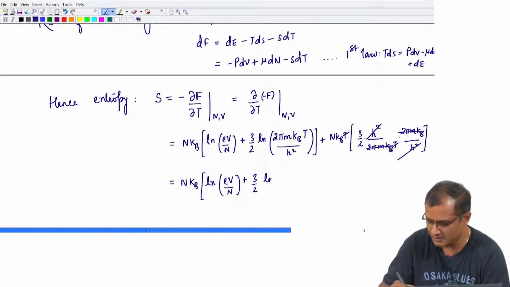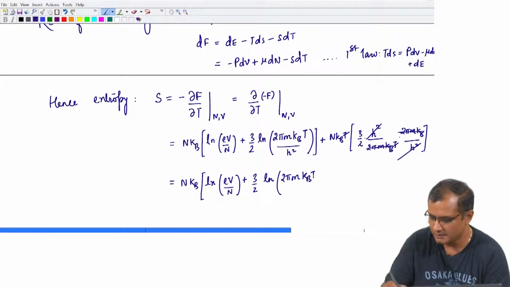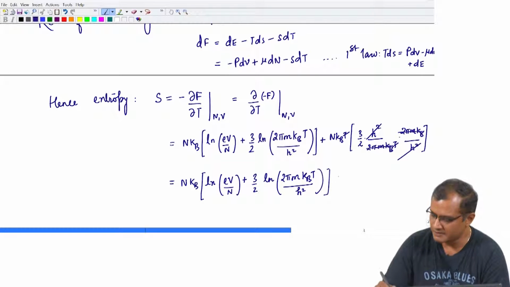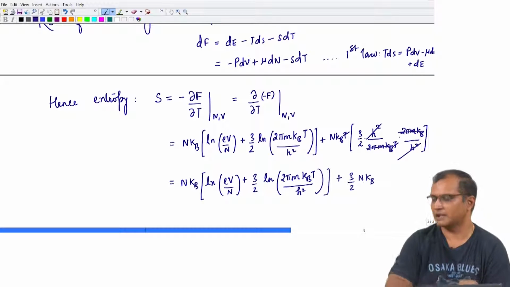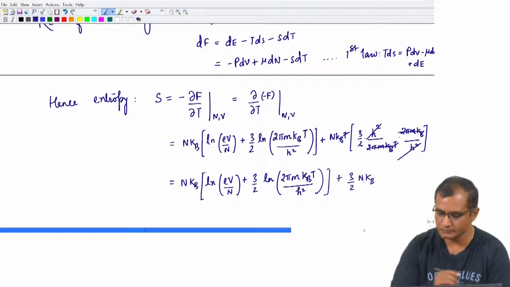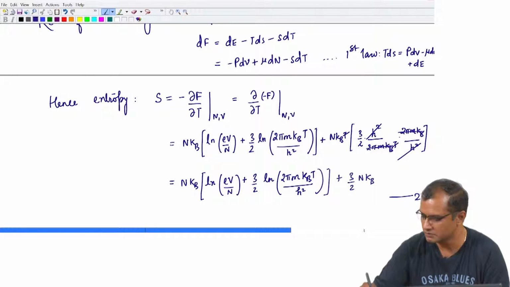So, this is nothing but N kB ln of eV by N times 2 pi m kBT over h square plus 3 by 2 N kB, because everything else got cancelled. Let us call this expression 2.